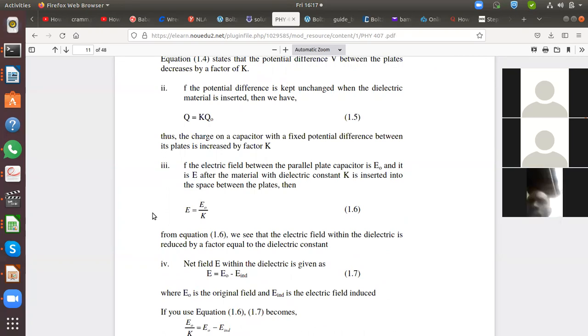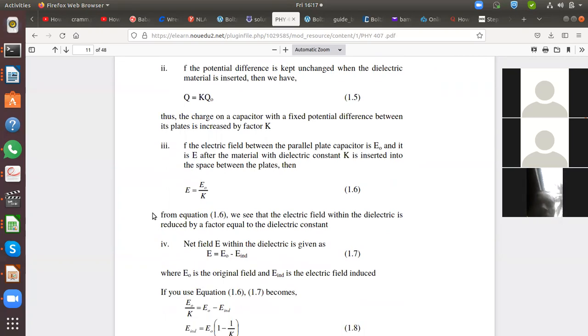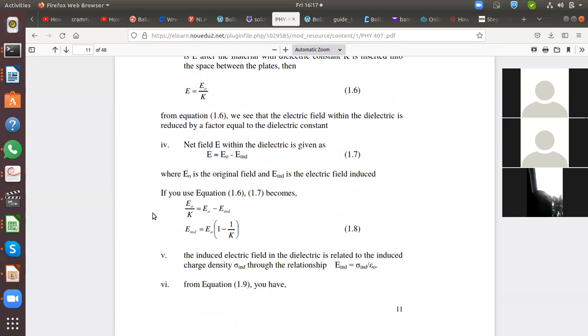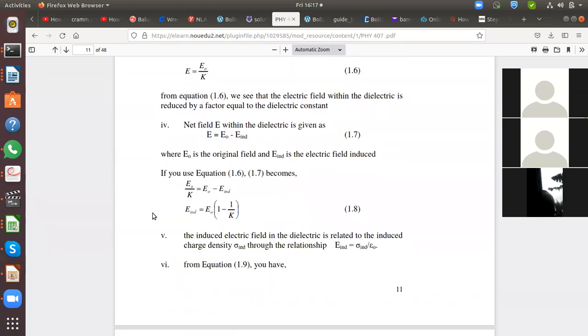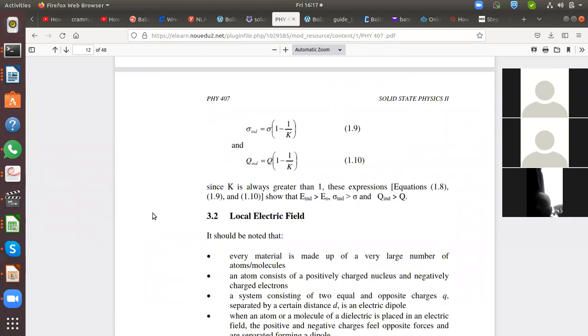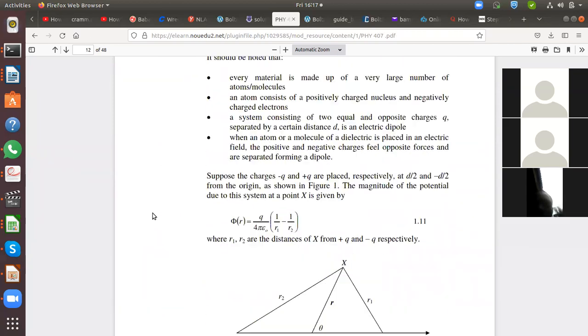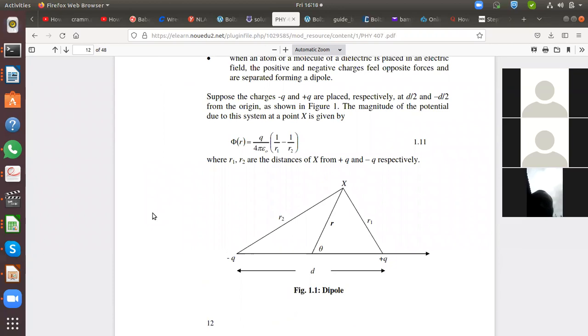Now, most of these formulas, we go through them one by one. If one is not clear to you, we try to look at how each of them has been derived. One thing is that as a physicist, our mathematics should be good enough. If you look at equation 1.11, this is mainly trying to compute a kind of charge potential.